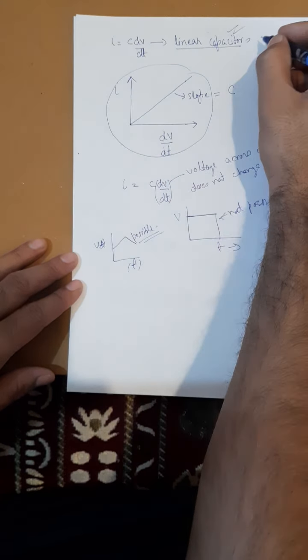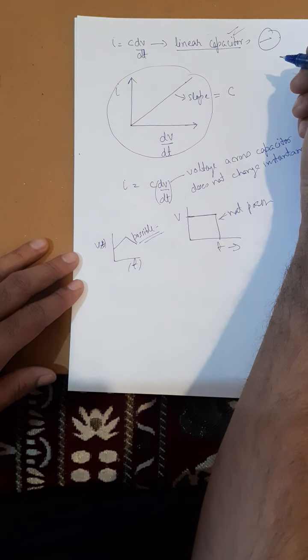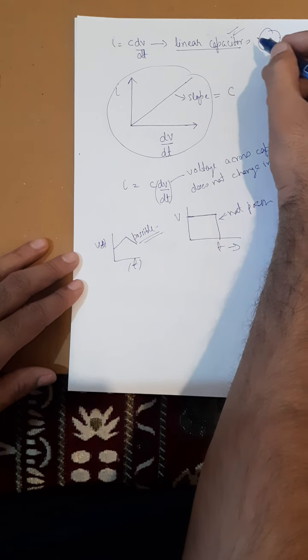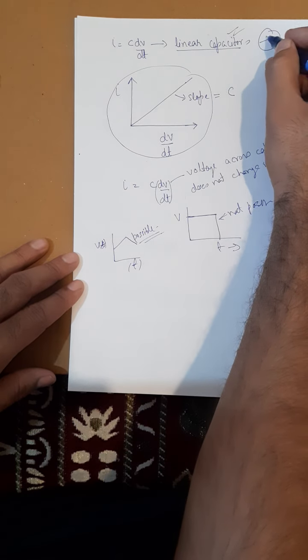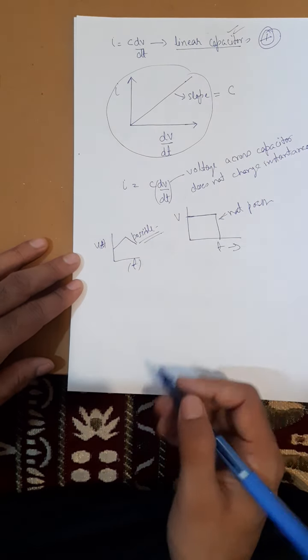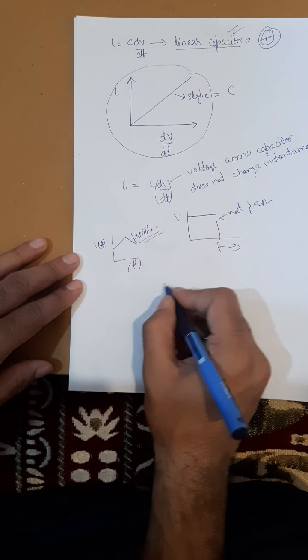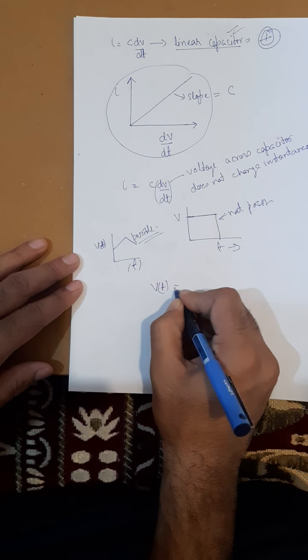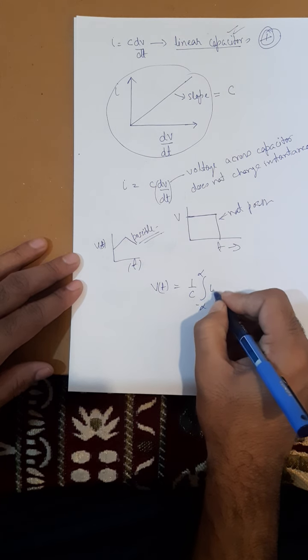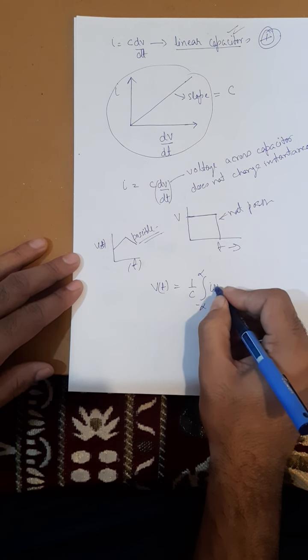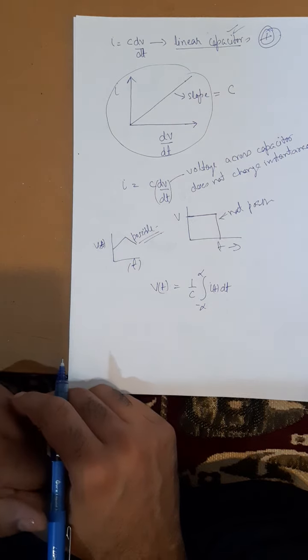So let us integrate this equation. Integrating both sides of equation 1, what will you get? V(t) = 1/C integral from minus infinity to t of i(t) dt.